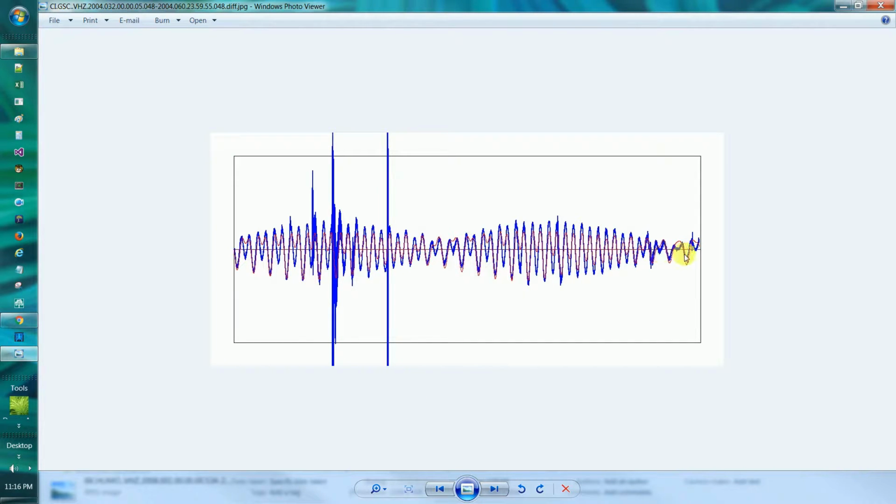And here there are some where there's a similarity, at least in broad outline, between the seismometer signal and the gravity signal.